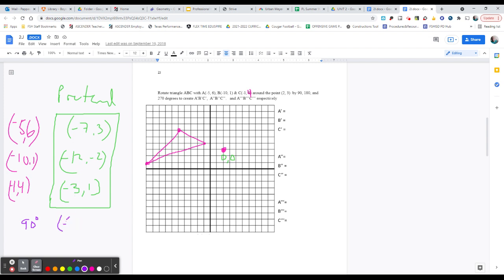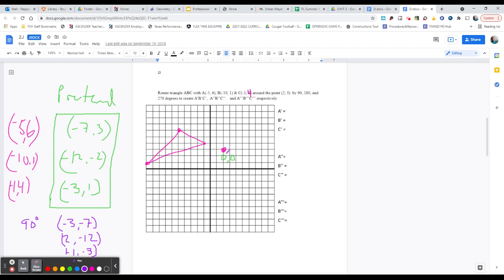So now we're going to be at negative 3, negative 7, and then we're going to be at 2, negative 12, and then we're going to be at negative 1, negative 3 from here.